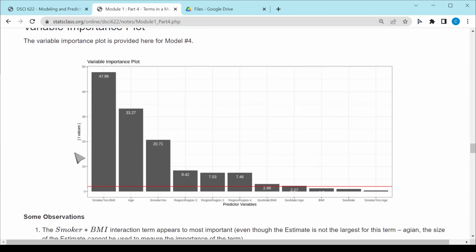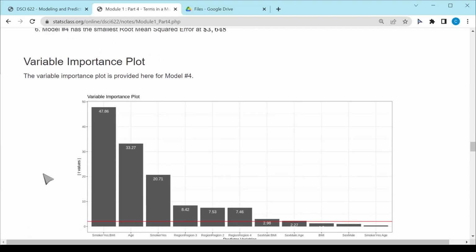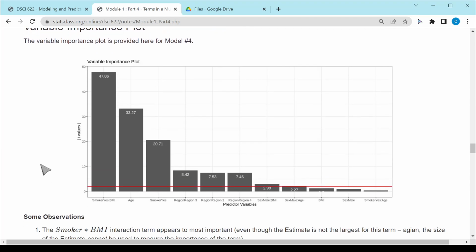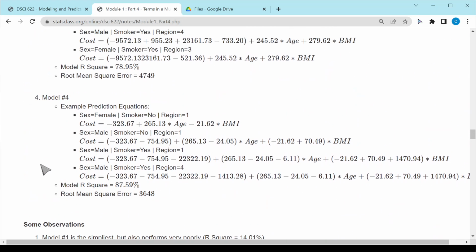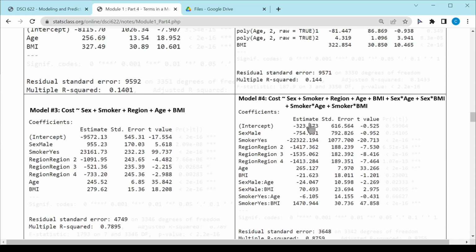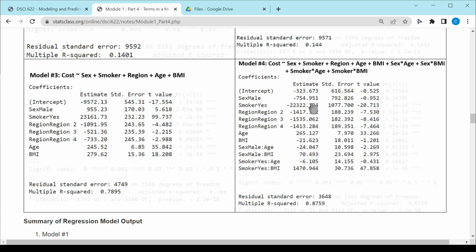If we look at the variable importance plot, I'm just going to do that on Model 4. One thing that we do not want to do is just look at these estimates to determine how important the predictor variables are. The variable importance is determined using these t values. The larger the t value in absolute value, the more important the predictor is.